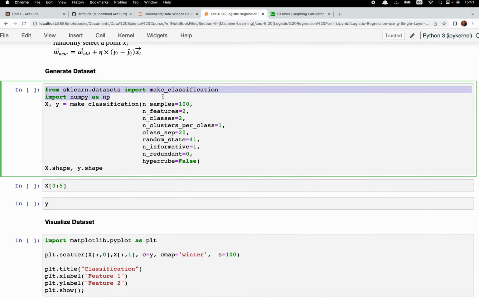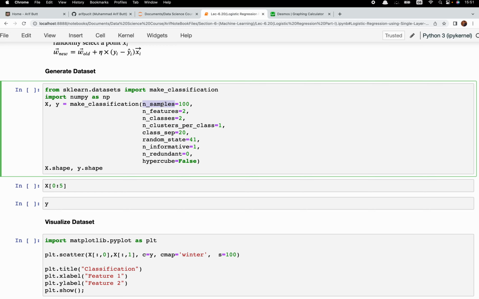So let us first generate a synthetic random dataset using make_classification method of datasets module of Scikit-Learn. The parameter n_samples is equal to 100.